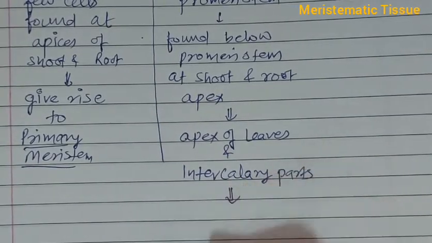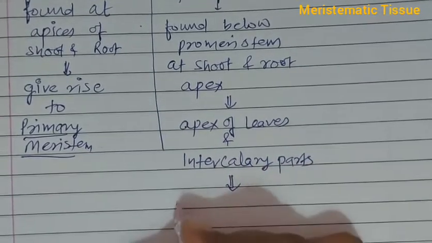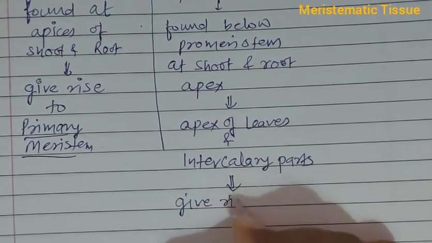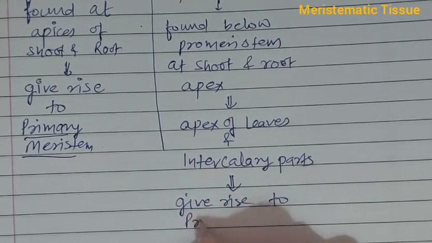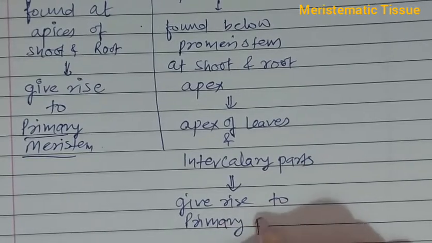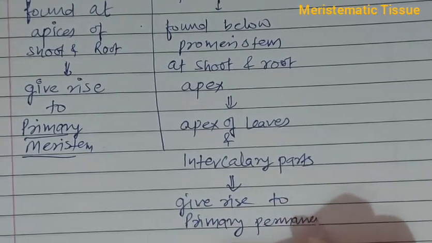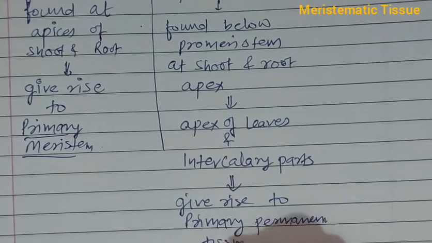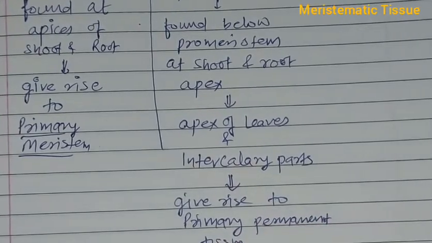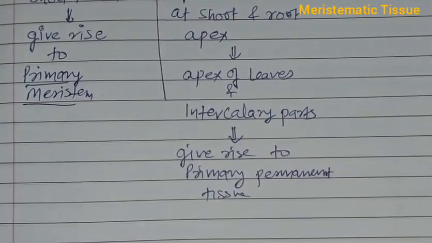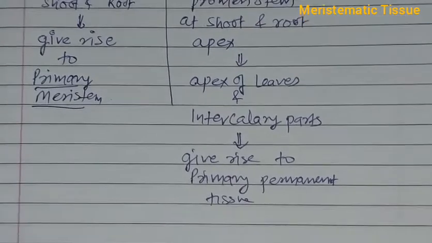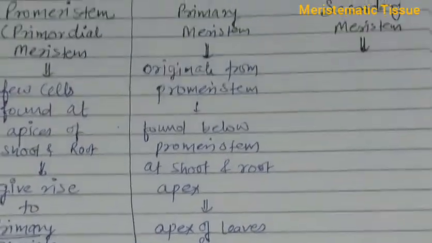But the important thing is that this primary meristem gives rise to primary permanent tissue, that is, primary permanent tissues are formed from primary meristem.